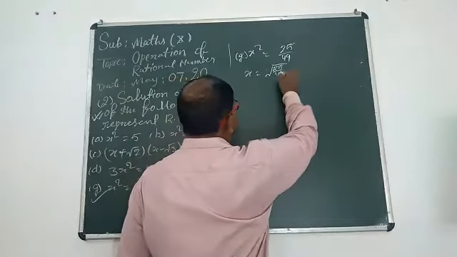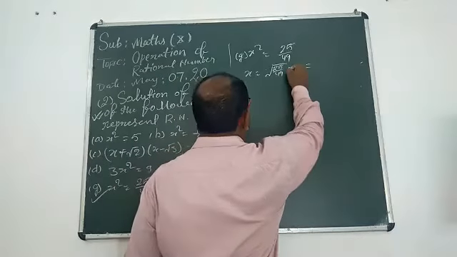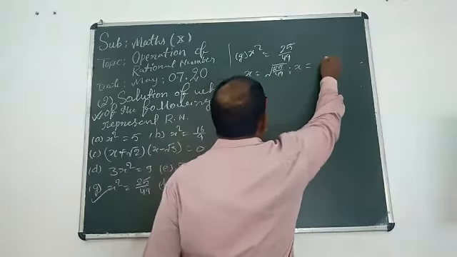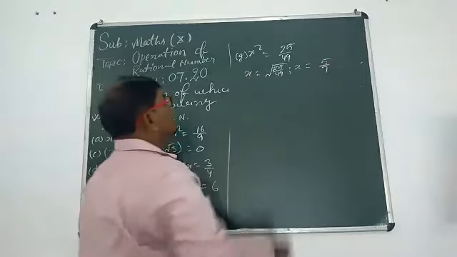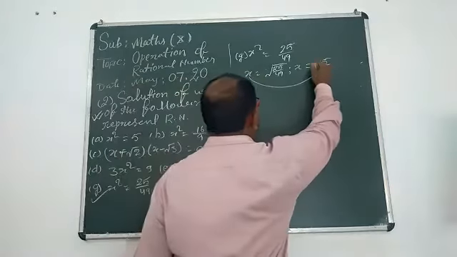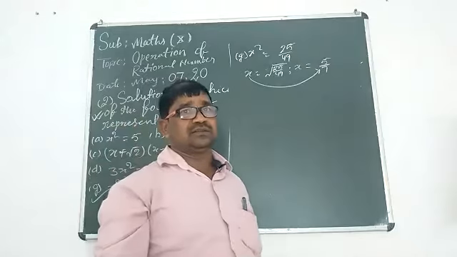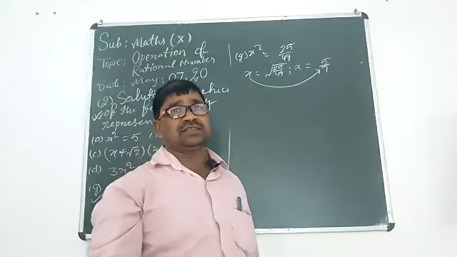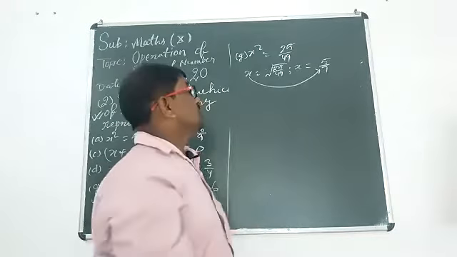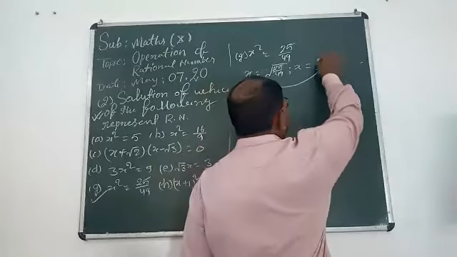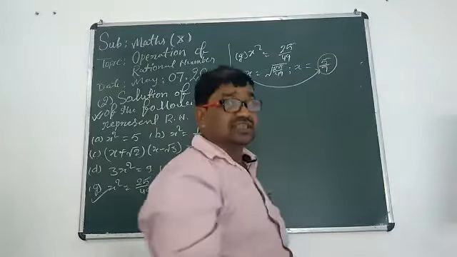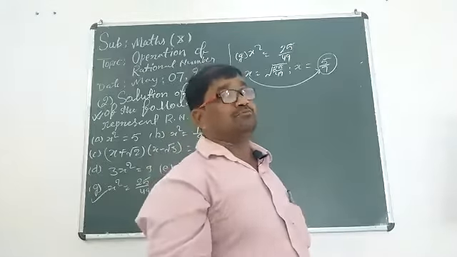Now student, you can say x equal to 5 upon 7. 5 is an integer, 7 is also an integer. So this is a rational number.